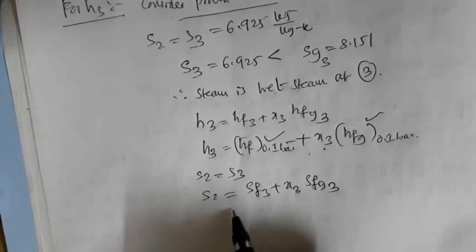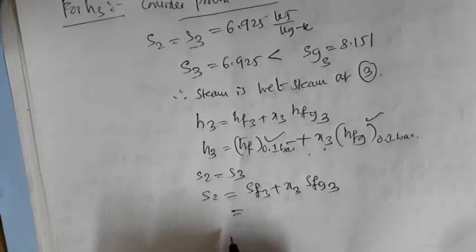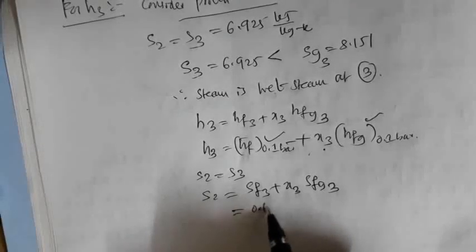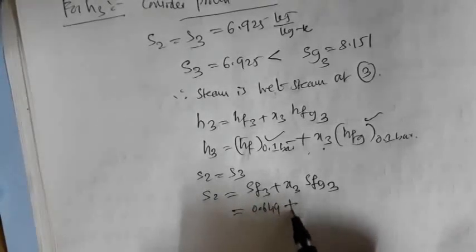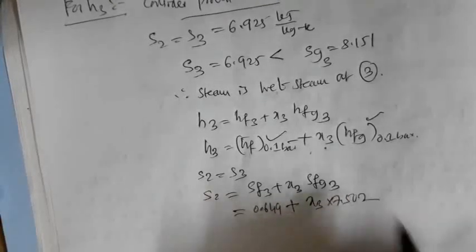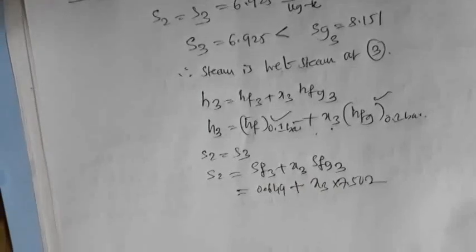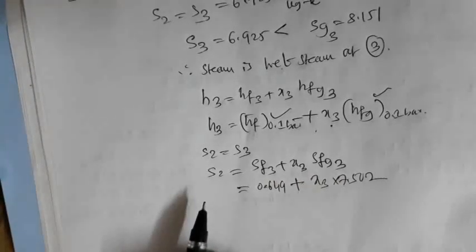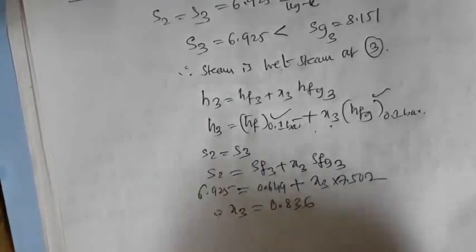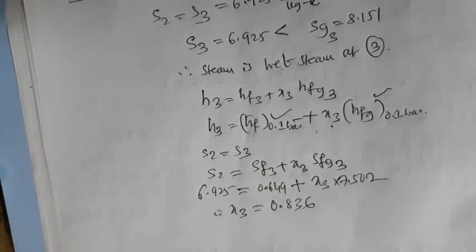Now here I have SF3 as 0.649 plus X3 into 7.502. We have S2 as 6.925. Therefore after operating the calculator, I will be able to get X3 as 0.836.